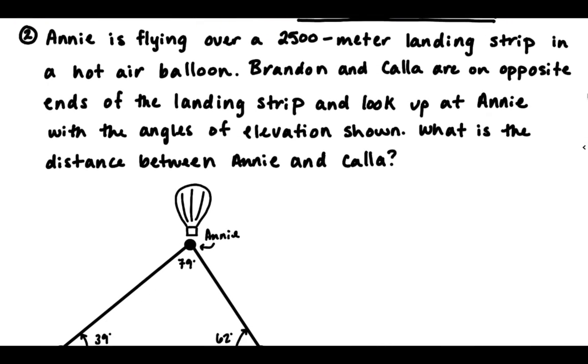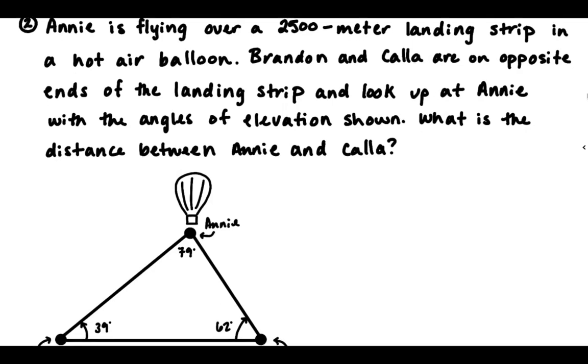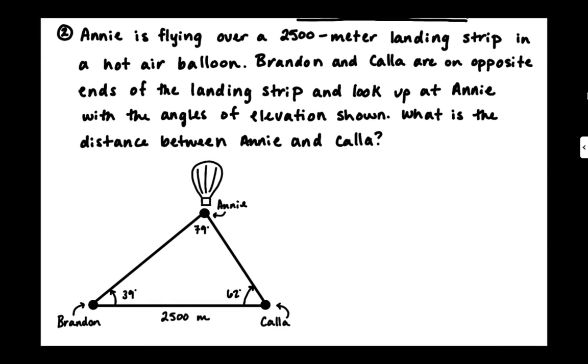It looks scary because there's a lot of words here, but it's basically the same as what we've been doing, and I have the diagram pretty much labeled for you. So we've got Annie. She's flying over a 2,500 meter landing strip in a hot air balloon. So here's Annie up here in the balloon.